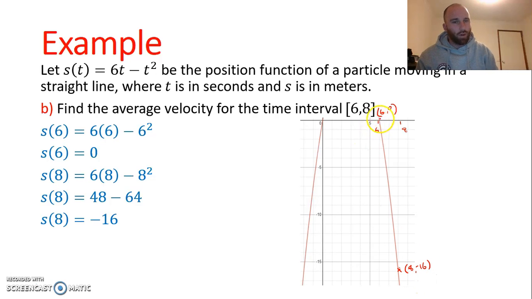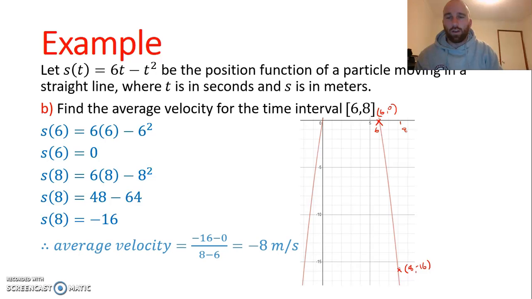We're trying to find, between these two points, the average velocity, which is the change in position divided by change in time. Remember, we need to keep our negatives. We have a negative rate of change because our rate of change is our slope. So we get a negative slope, so I'm expecting a negative answer. Negative 16 minus 0, which is negative 16, divided by 8 minus 6, which is 2.